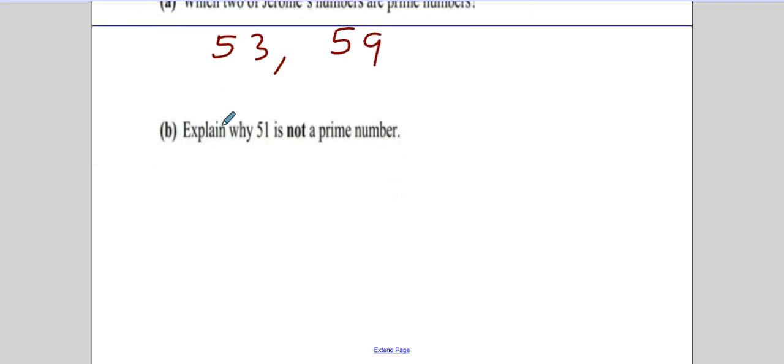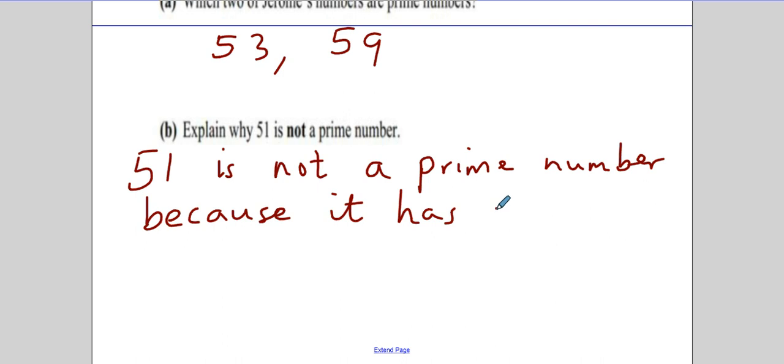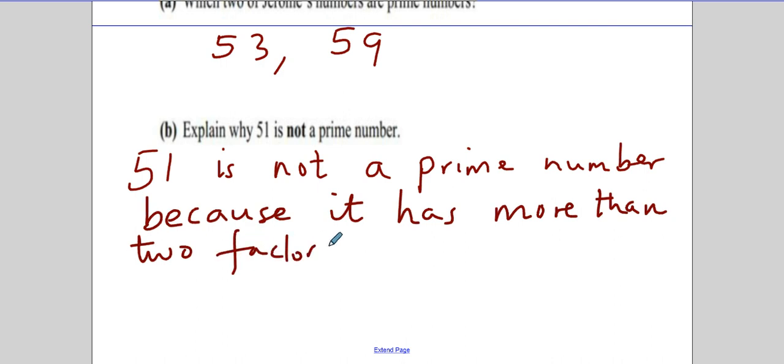Explain why 51 is not a prime number. It's not a prime number because it has more than 2 factors.